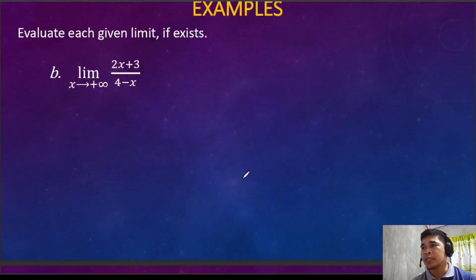Now for our second example, we have limit of 2x plus 3 over 4 minus x as x approaches positive infinity. So this is somewhat different from the previous example. What we will do now is divide the numerator and denominator by x raised to the highest degree of the polynomial in the denominator.